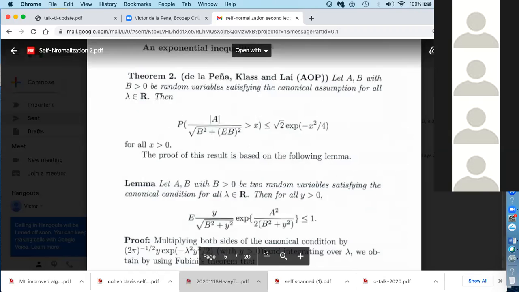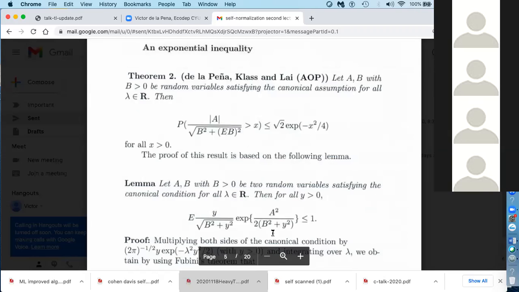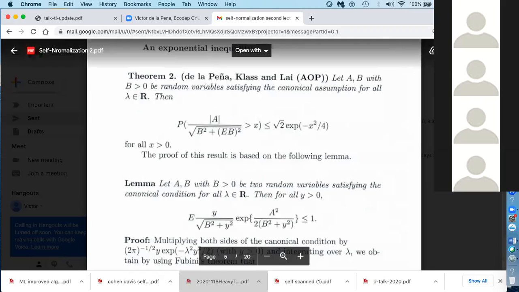Now, this expected value is actually one of the key tools that are used in machine learning to obtain algorithms for machine learning, as I will describe later.